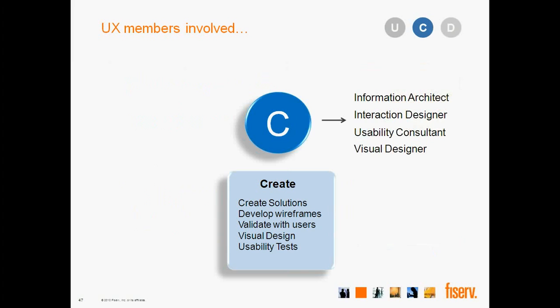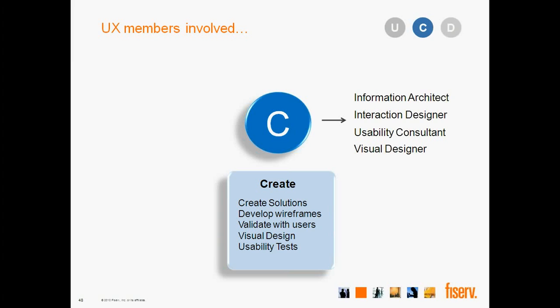For these create activities, there are 4 roles, and again these are not independent roles. Information architect and interaction designer can overlap. Usability consultant is a specialized skill, but again in the Indian context, many roles overlap. Even in the US context now, hybrid designers or hybrid usability professionals are coming.